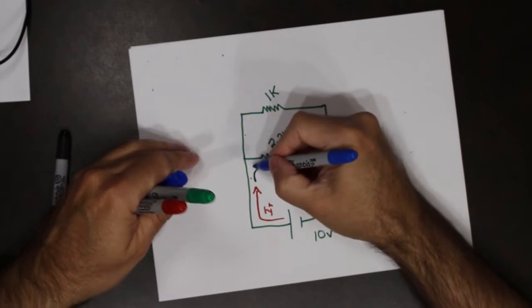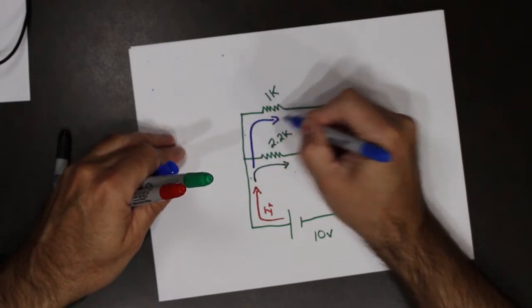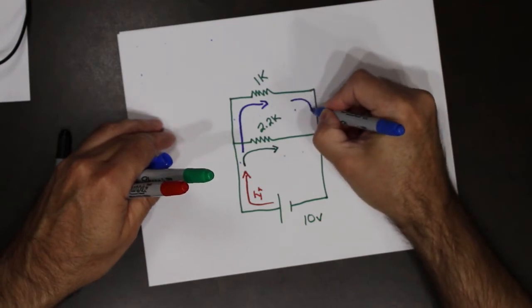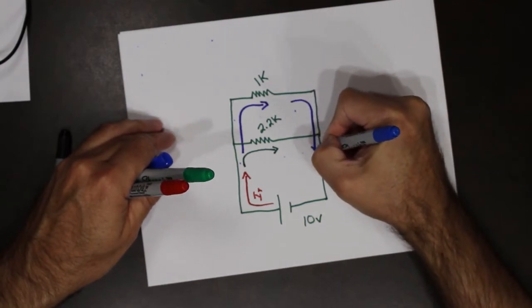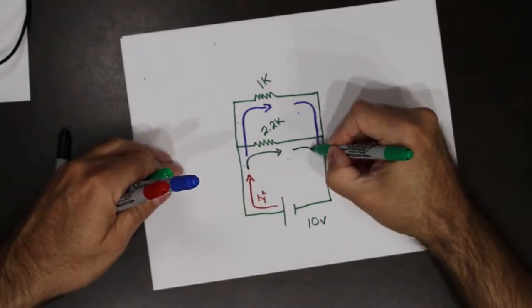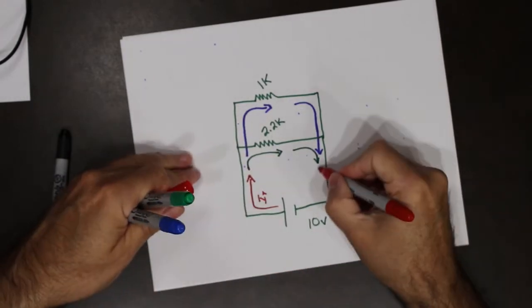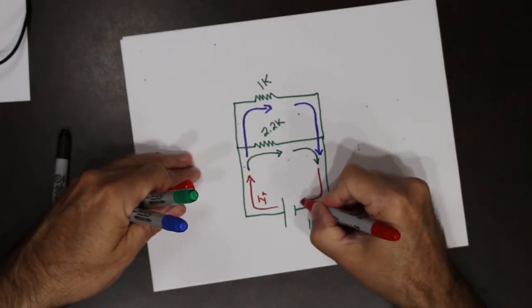The rest of the current carries on and flows this way. Then it loops around and joins back up with this one to return to the source.